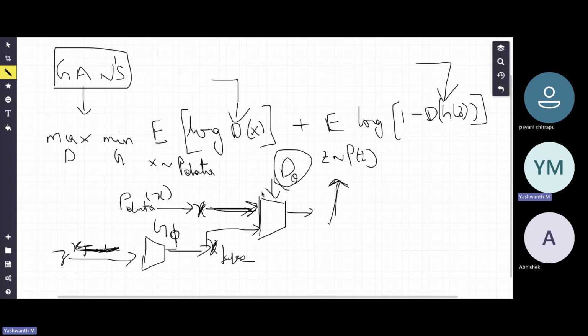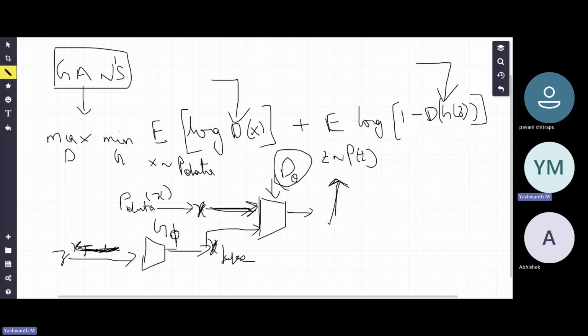So at equilibrium, one is minimizing and one is maximizing. At equilibrium, the generator should be able to produce data on which the discriminator gets confused.